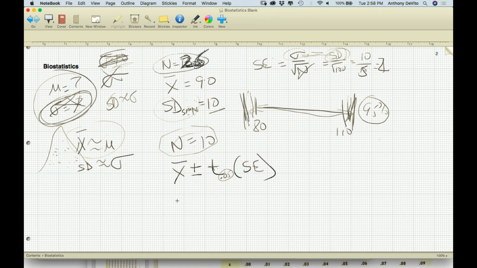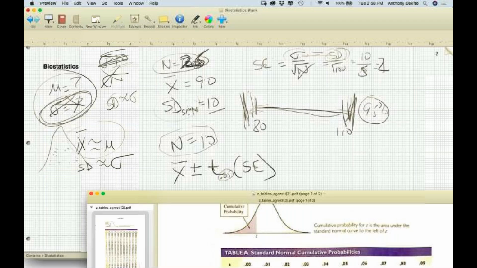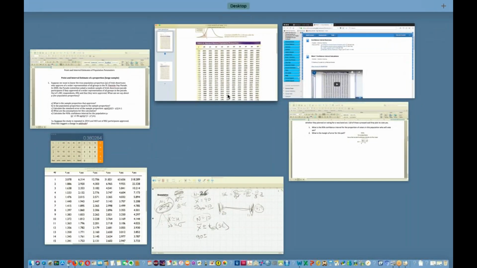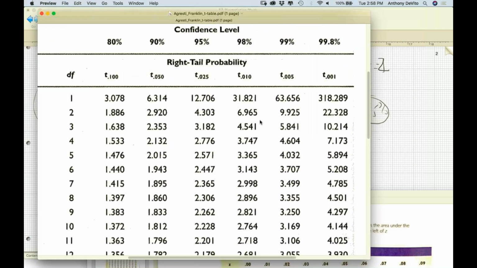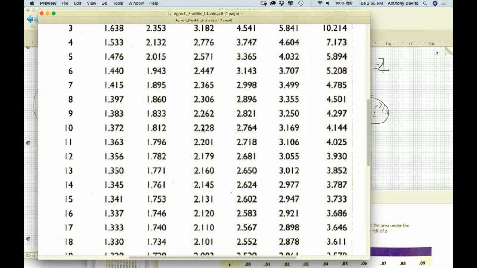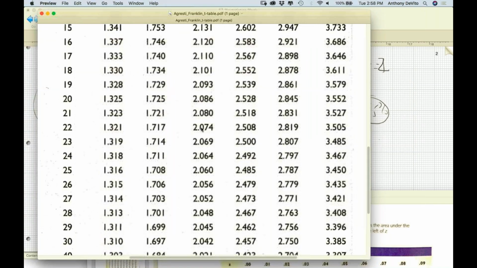So it's going to be 90 plus or minus the t-score for a sample of size 25. Here's our table. So 95% confidence interval, 24 degrees of freedom, right? Because sample size is 25, 24 degrees of freedom. I go over to the middle, 95% confidence interval. It's going to be 2.064.